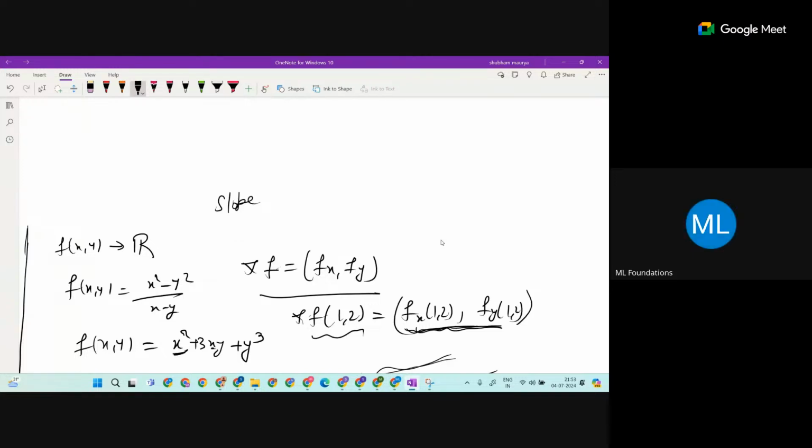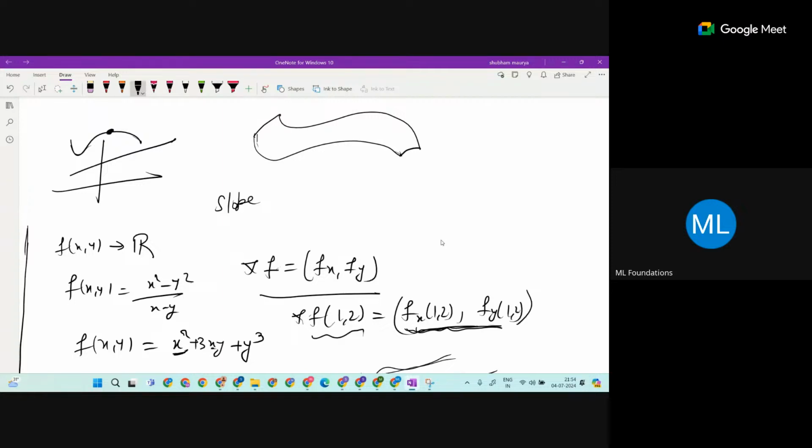So actually, what is the slope of a function? Slope is generally something we think about for a line. If you have a function and a particular point, we try to find the slope of the function there. But in the multivariable case, your function is not like this; it would be more like this.